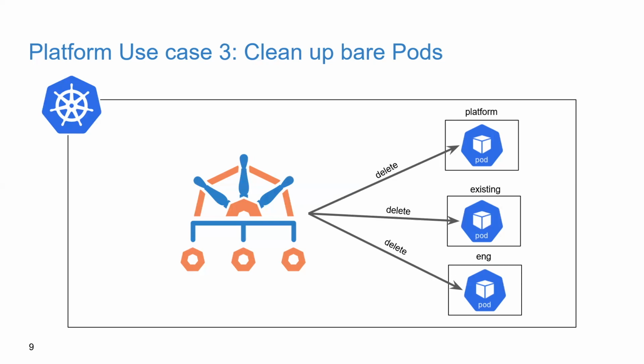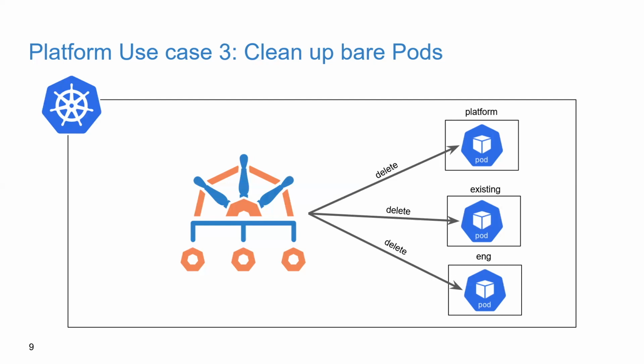So bare pods are oftentimes used for this type of break glass or troubleshooting scenario, and the word bare pod refers to a pod that's not owned by a higher level controller like a deployment. A bare pod is oftentimes created imperatively using something like a kube control create or kube control run command.